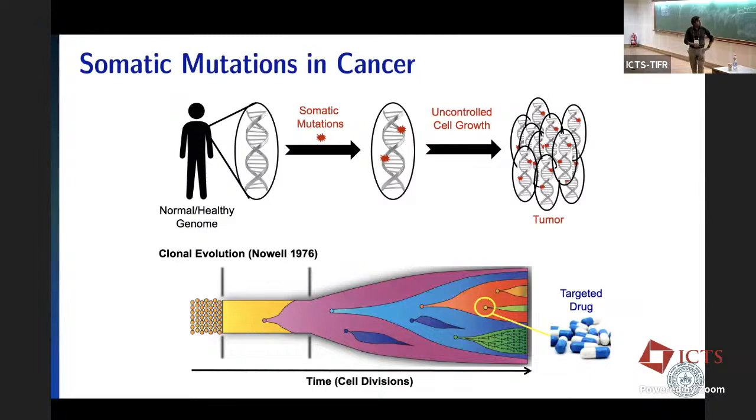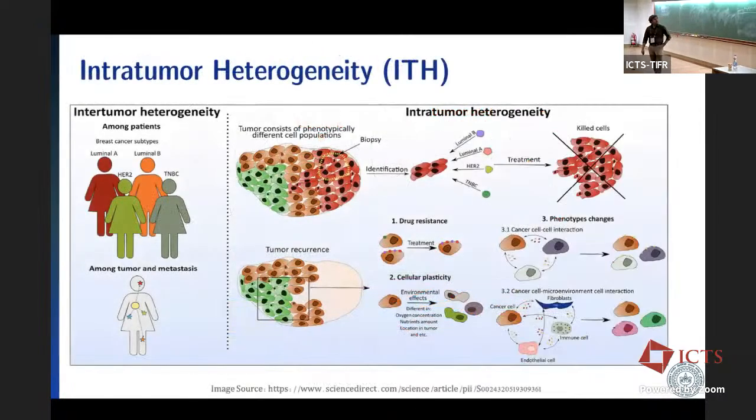So we want to study more of this clonal evolution process because, as I said, this intratumor heterogeneity is very disruptive in nature, in the sense that it can contribute to so many tumor phenotypes, including drug resistance. It can cause relapse, it can cause phenotype changes, plasticity, and so on, right? Everything. So this heterogeneity is basically underlying a lot of cancer phenotypes.